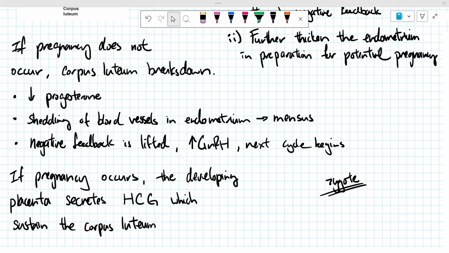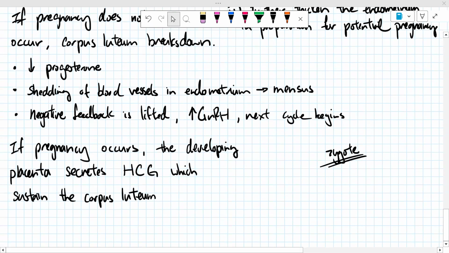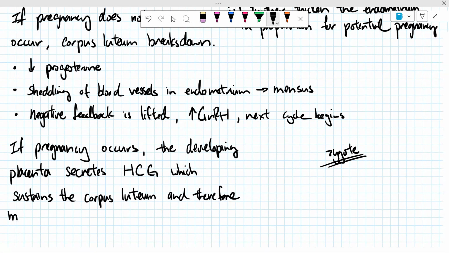We don't want the corpus luteum to break down, because if the corpus luteum breaks down, progesterone is going to go down, and then the uterine lining, the endometrium, is going to shed, and then that's going to cause the baby to be lost as well, right? So the HCG sustains the corpus luteum, and therefore maintains progesterone level.